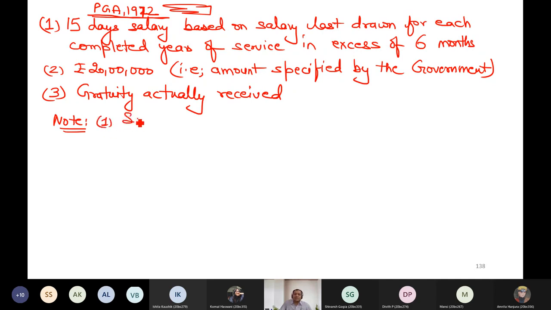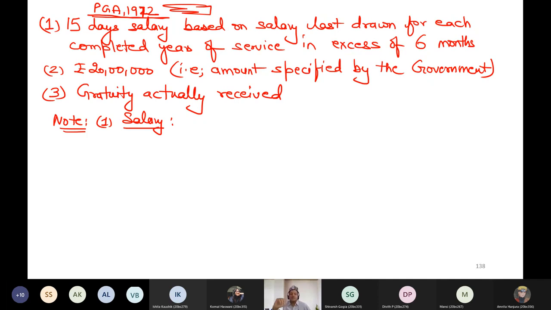First, what is this salary? Now the meaning of salary changes for every monetary benefit. The meaning which I will tell you now, for this purpose, in case of gratuity received by an employee who is covered under the Payment of Gratuity 1972, the salary meaning is different than the salary in case of computation of house rent allowance exemptions.